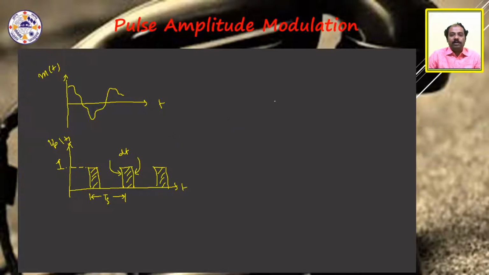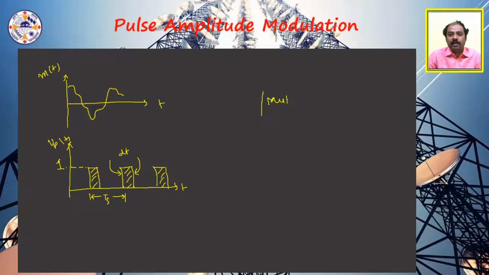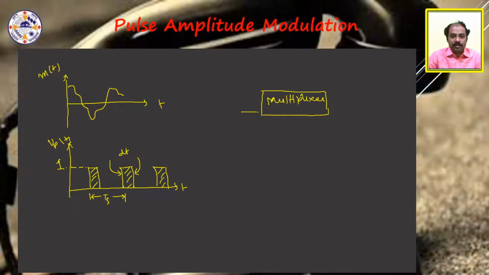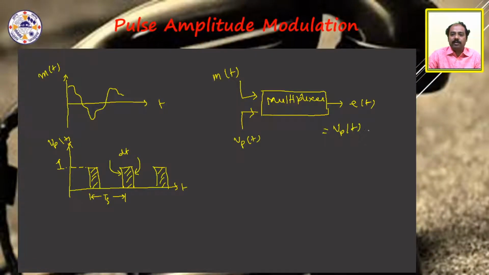Okay. Now this is a multiplexer, and we are applying here these two signals. This is v(t), and here we are applying this information signal, and now we are getting e(t), that is equals to v(t) into m(t).